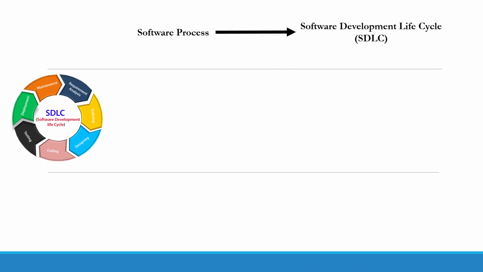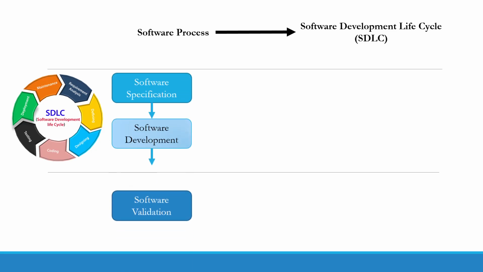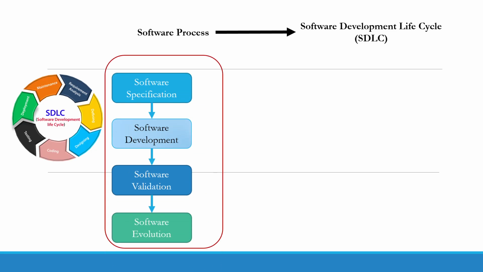We can say that a software process is the categorization of each step of the software development life cycle, or in other words, the software process is represented in a detailed way in a software development life cycle. Here, in software development, these are the software processes.